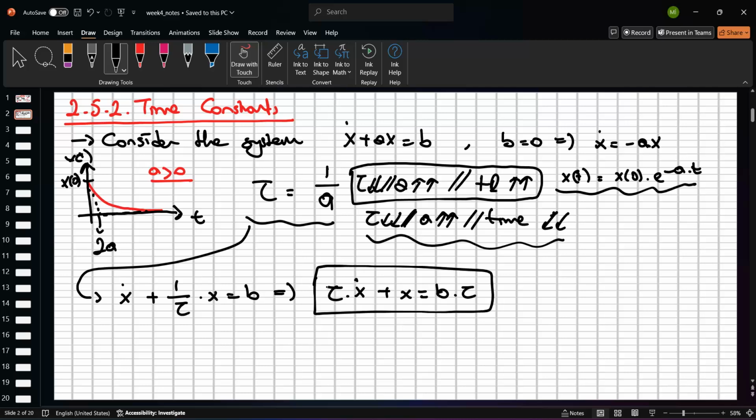This is the first order representation of the time constant equation. This is important because if we want to model any system based on this property, this property is preserved. But we can apply different time constant values, or we can apply different input values with the b. Okay?